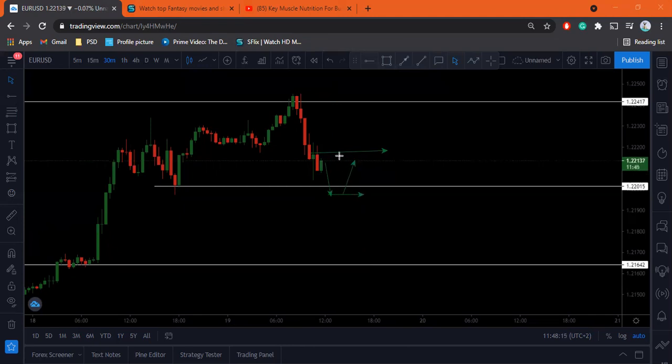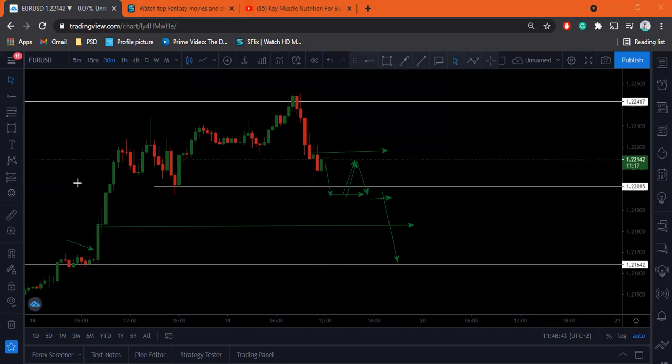Even if it doesn't get to the high, you just want price to push up, and when it's about to close down, you enter your trade for price to drop all the way to our next low. But your first take profits should be around this area, because there was some resistance right here, so price can find some support there before it drops further to our initial support.